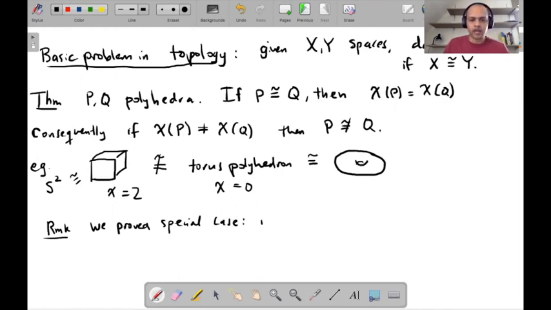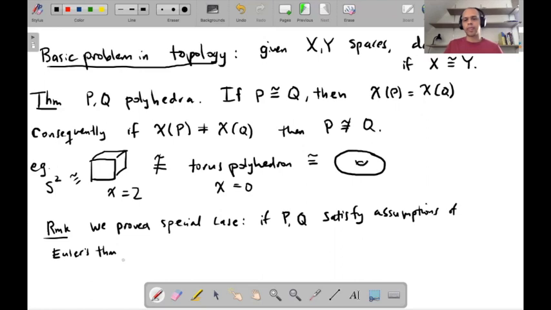So if P and Q satisfy the assumptions of Euler's theorem, right, they're connected and any loop separates P and Q into two pieces.